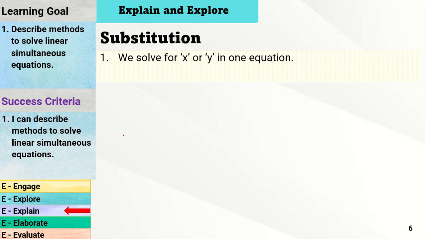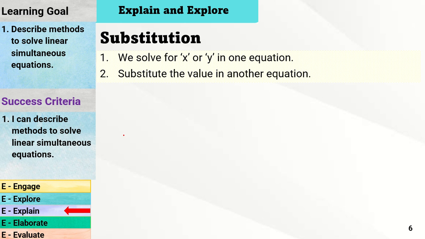In the substitution method, though we have two equations, we solve any one of the equations for x or y. This is the first step. The second step is, once we get the value of x or y, we put that value in the other equation.